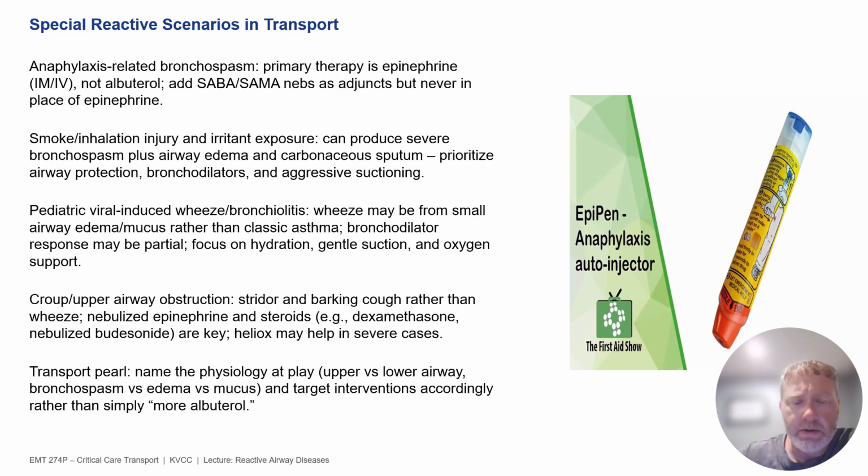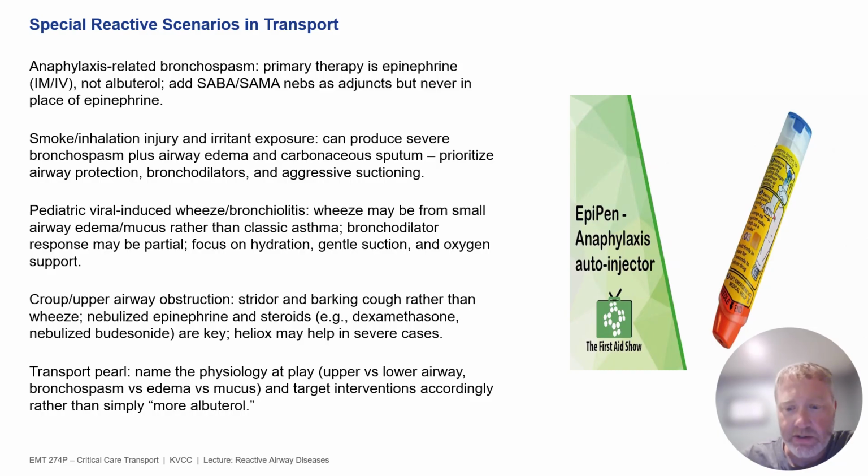So one of the ways to look at it is upper versus lower airway, bronchospasm versus swelling versus mucus, and then target your interventions accordingly rather than just give them another breathing treatment. If it's an upper airway issue, albuterol will do nothing. Albuterol does not affect anything in the upper airway.